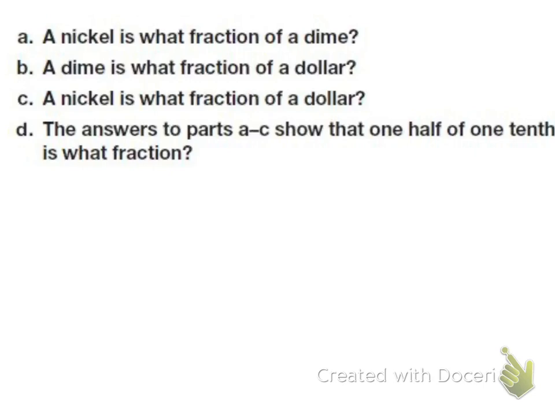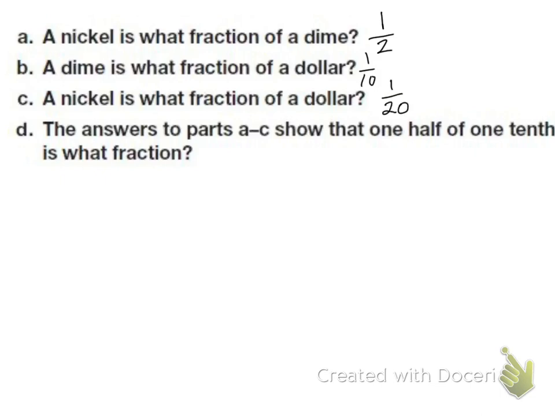All right, this problem asks, a nickel is what fraction of a dime? We know a nickel is half of a dime. B says a dime is what fraction of a dollar? Well, we know that a dime is 1/10 of a dollar. A nickel is what fraction of a dollar? Well, we know it takes 20 nickels to make a dollar, so it's going to be 1/20th.